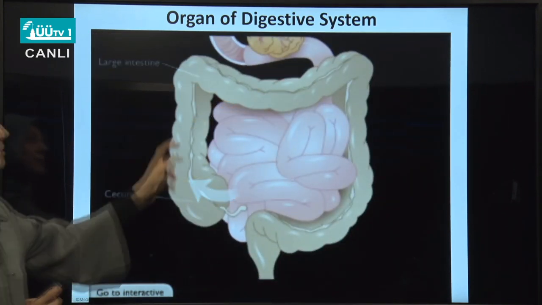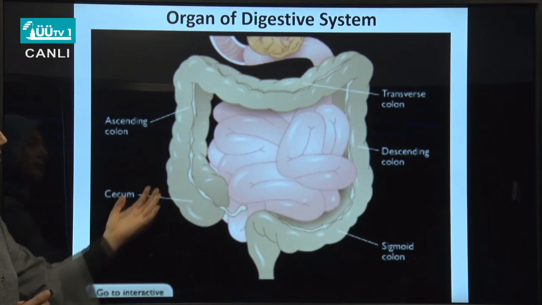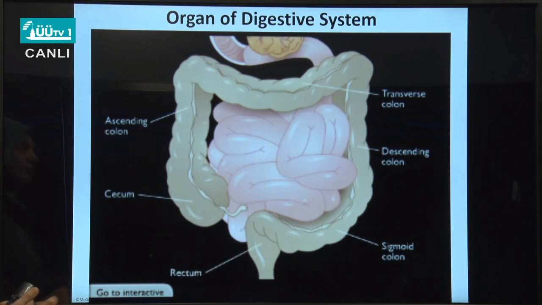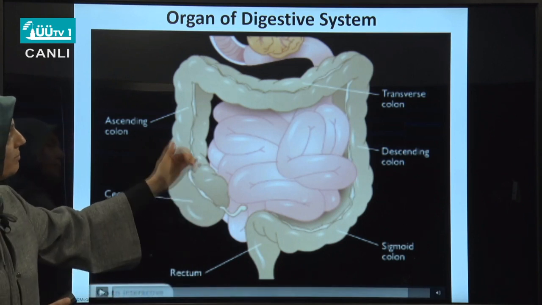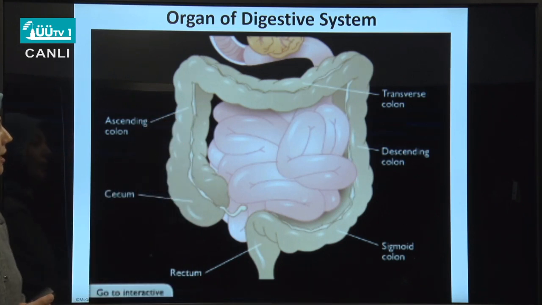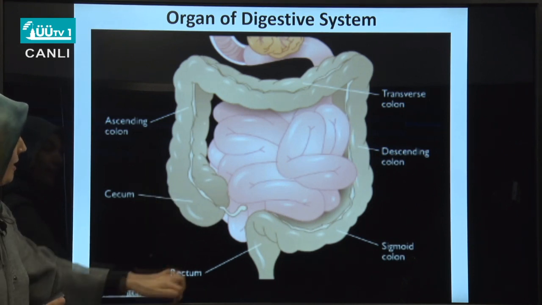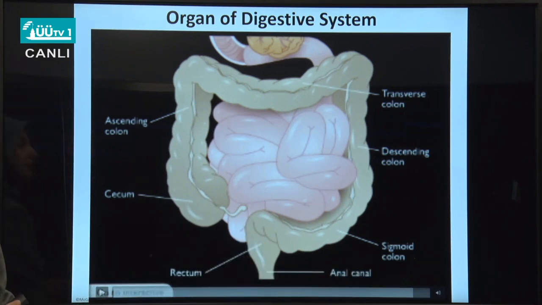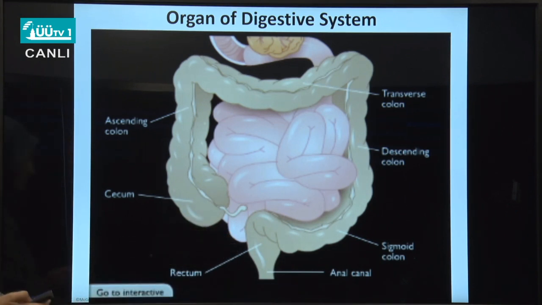The large intestine is the place where digestion is complete and there is no digestion anymore, but water and mineral salts are absorbed by the large intestine. And then the remaining chyme in the large intestine is converted into feces, and this feces is stored in the rectum until the neuronal stimulus comes, and then it is excreted with defecation.